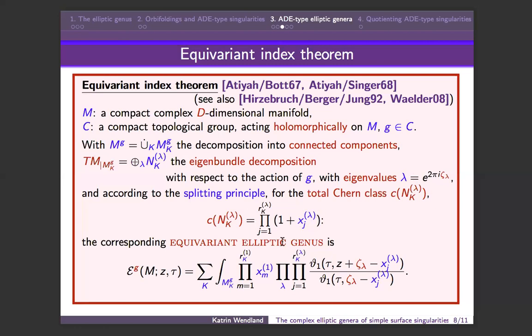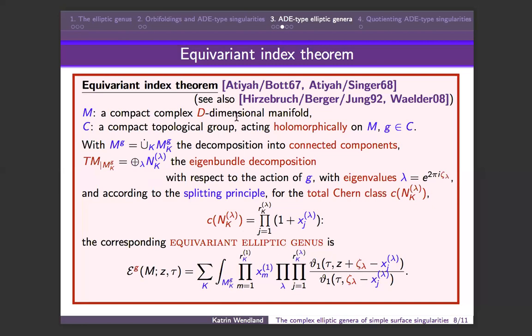And then the equivariant elliptic genus looks very similar to the genus that we saw before, with the Hirzebruch-Riemann-Roch type integral, where, however, you only integrate over the fixed point locus. And in here, you have some expressions that do depend on the action of G, because you see the eigenvalues, lambda equal to e^{2πiζ_l}, occurring in here. So again, this looks a little bit complicated at first sight, but one can actually do calculations with it, and we'll see an example in just a minute.